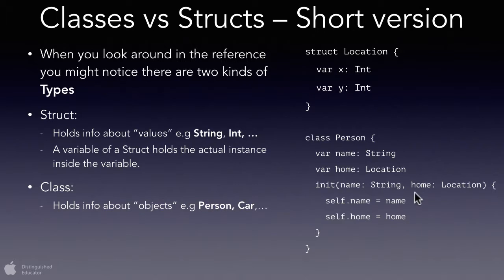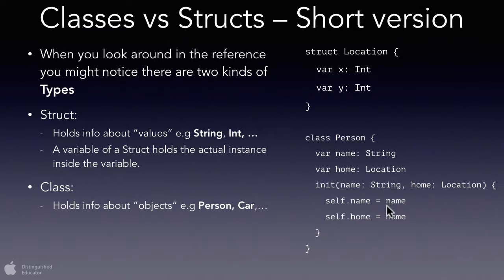And the basic idea is to take name and put it into self.name and home into self.home, which actually means that because self is the instance we're talking about, so the instance dot name is referring to the property name for this particular instance, and into that we put the value that we get when we initialize. So that is actually the thing that's happening.